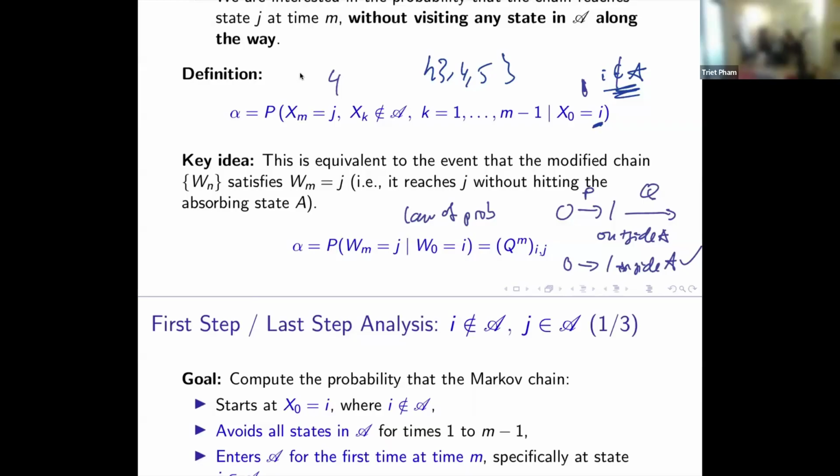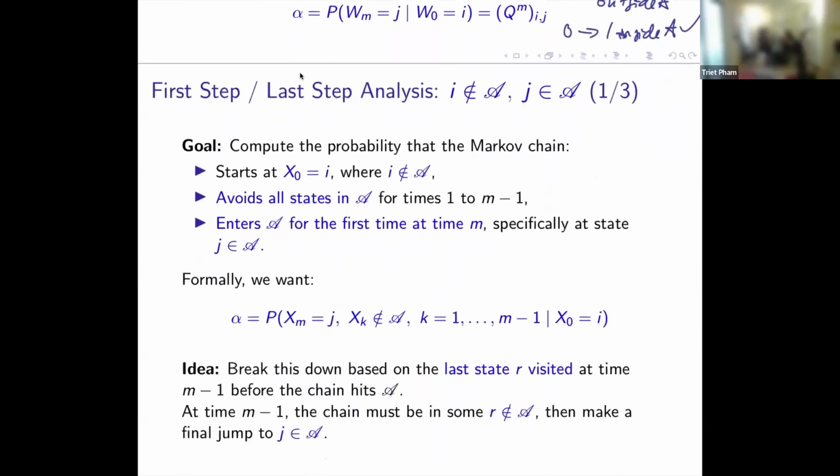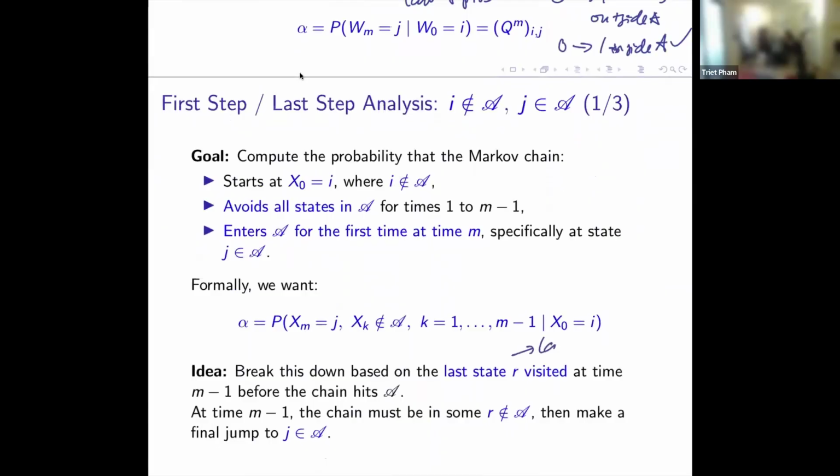But I is okay, so you can use I, but you cannot use J. So here, the idea is to move from I to M minus 1, and then make the last transition step, which is say here. Sorry, I kind of did the opposite explanation to you, but this is called a last step analysis, not first step. But it's the same thing.